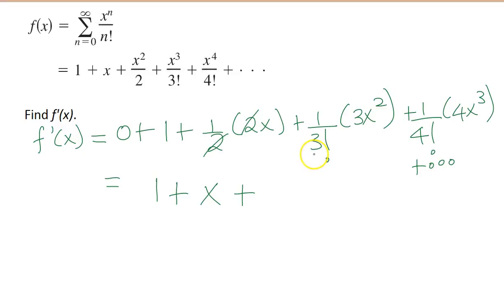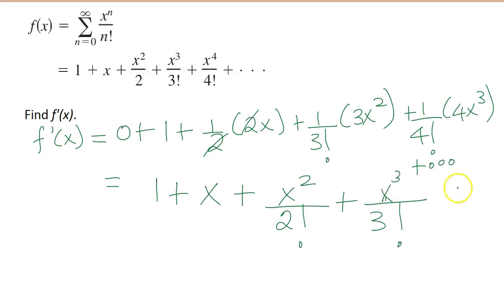Remember guys, 3 factorial is 1 times 2 times 3. The 3's cancel. You will have 1 times 2 left. 3's cancel, so you have x squared. 1 times 2 will contribute to 2 factorial. 4 and the 4 factorial cancel. You will have 1 over 3 factorial times x cubed. So we can put it as x cubed over 3 factorial.